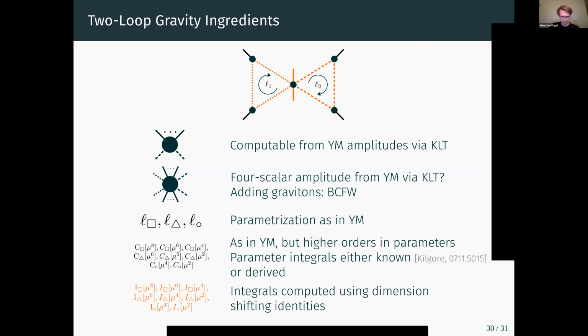And then there are also additional integrals required, but these can easily be computed via the dimension shift identities. So technologically, the only real issue in this construction should be the central vertex where the two loops meet.